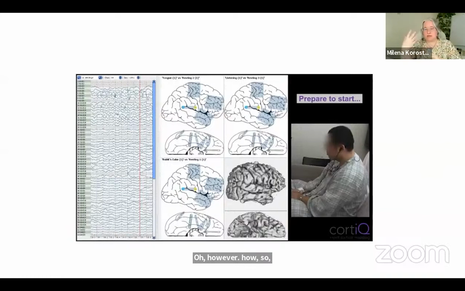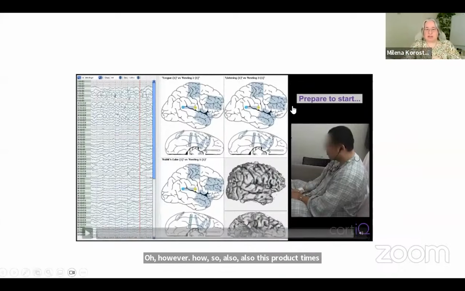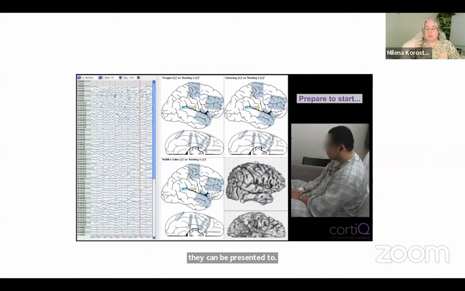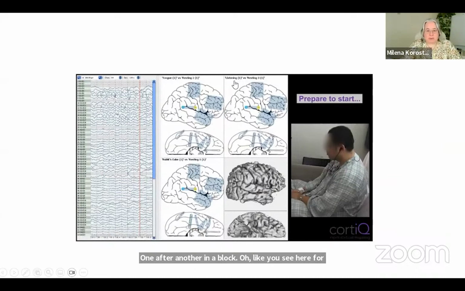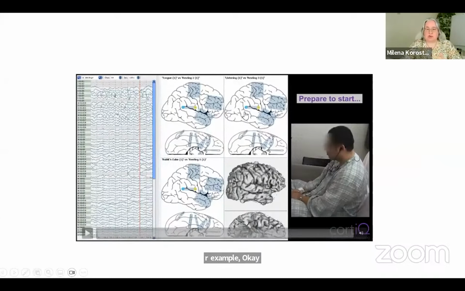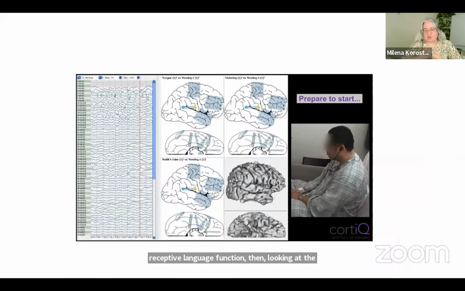Also, these paradigms don't need to be presented all together, but can be presented one after another in a block, like you see here, for example, tongue motor mapping, listening to the stories for receptive language function, then looking at the Rubik's Cube, but actually it's for hand motor function evaluation, and so on and so forth.